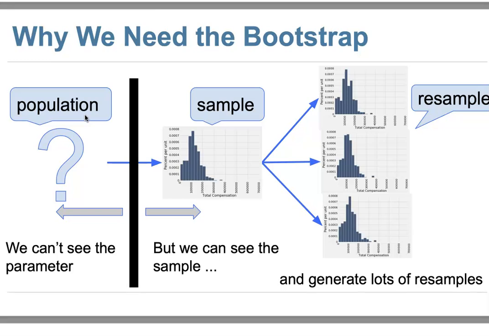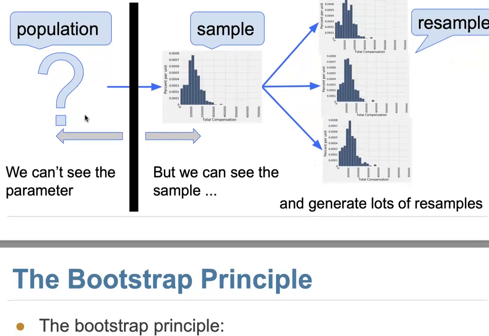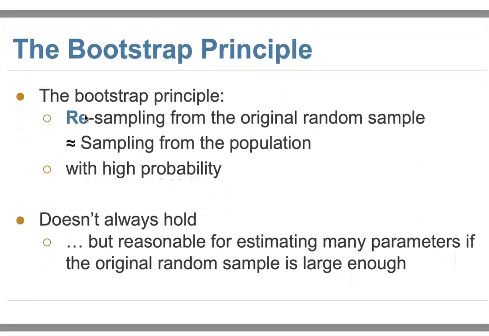So just remember our bootstrap principle: resampling from the original random sample is similar to sampling from the population with high probability. It gives a reasonable estimate of the parameter if the original random sample is large enough. So of course we require our original sample to be large enough and drawn randomly.